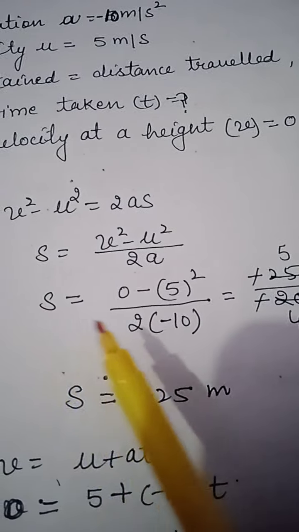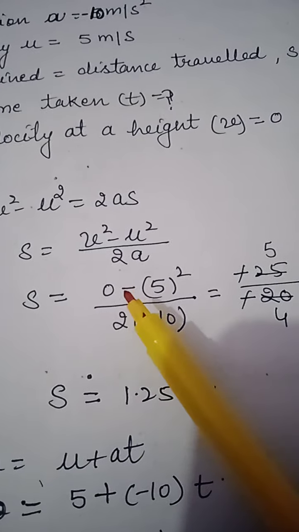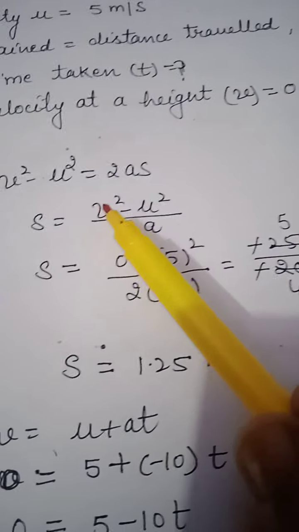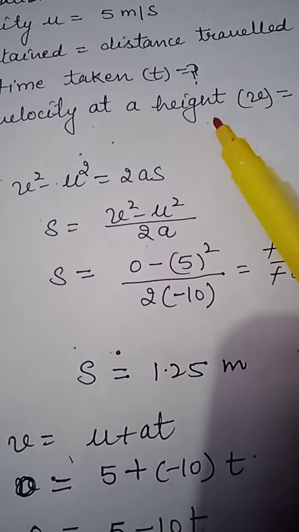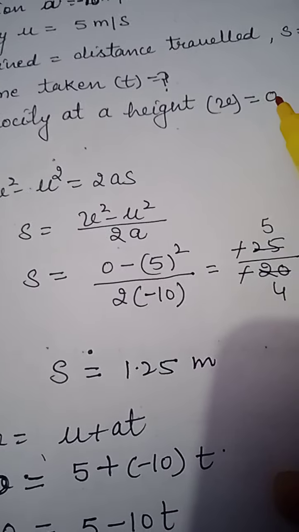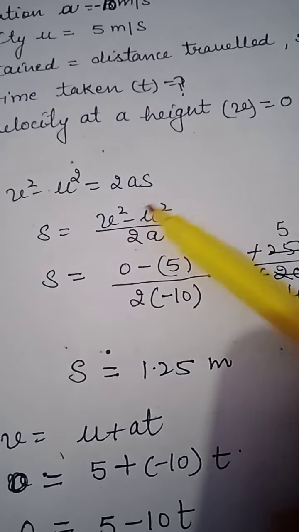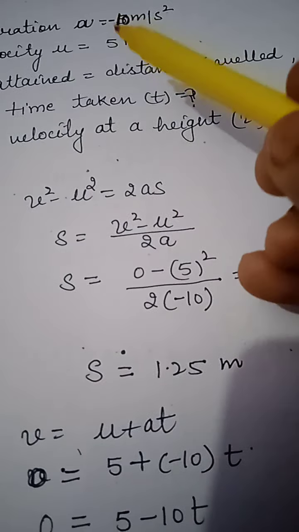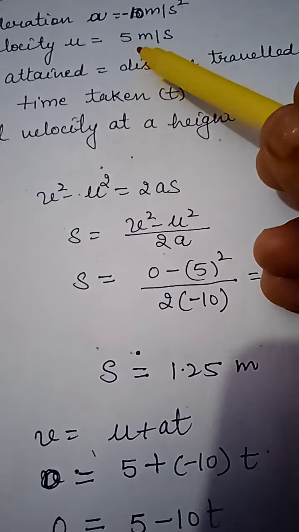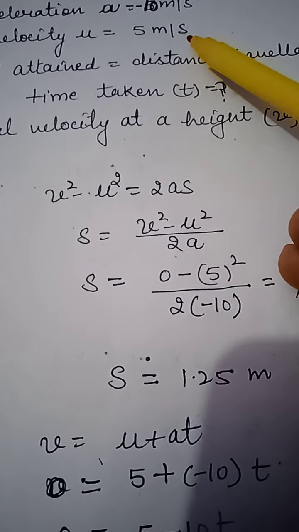So s is equal to 0 minus u square, because the value of v is 0. The value of u is 5 meter per second.